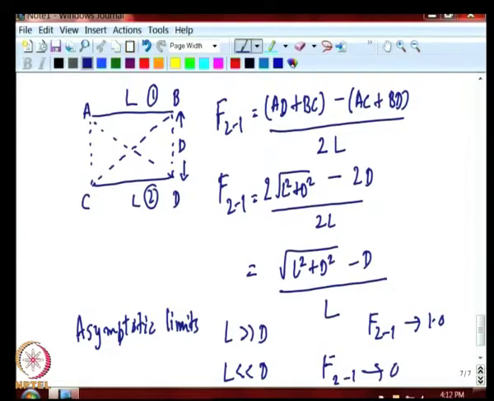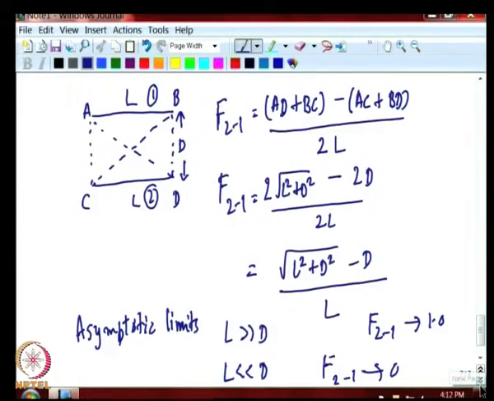And both these are easily seen in this result. If you neglect L compared to D, D minus D is 0, you get 0. In the other case we neglect D compared to L and we got 1. So, both limits are satisfied. So, we are quite sure that this derivation was right and we did get the right answer.